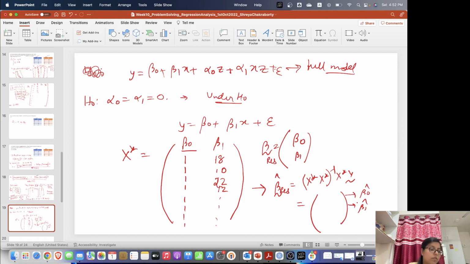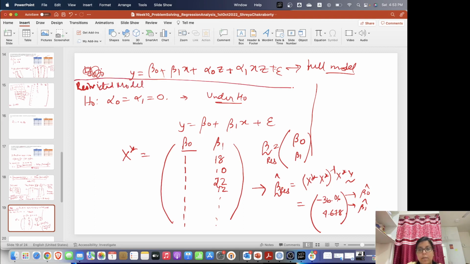If you compute, you will get minus 36.06 and 4.678.